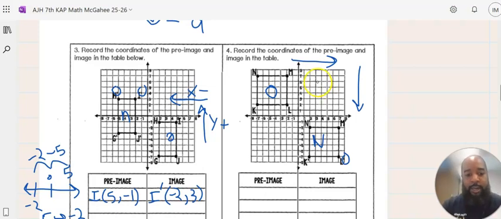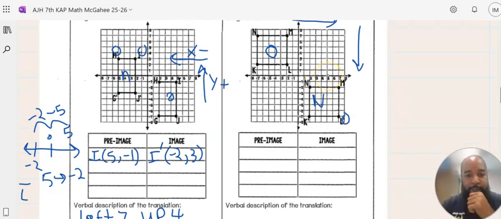So now I just got to figure out how much. A student pointed out to me in class that if I picked a good point, let's say I picked L, the original point is -2, comma 2, and my new L is 7, comma -7.